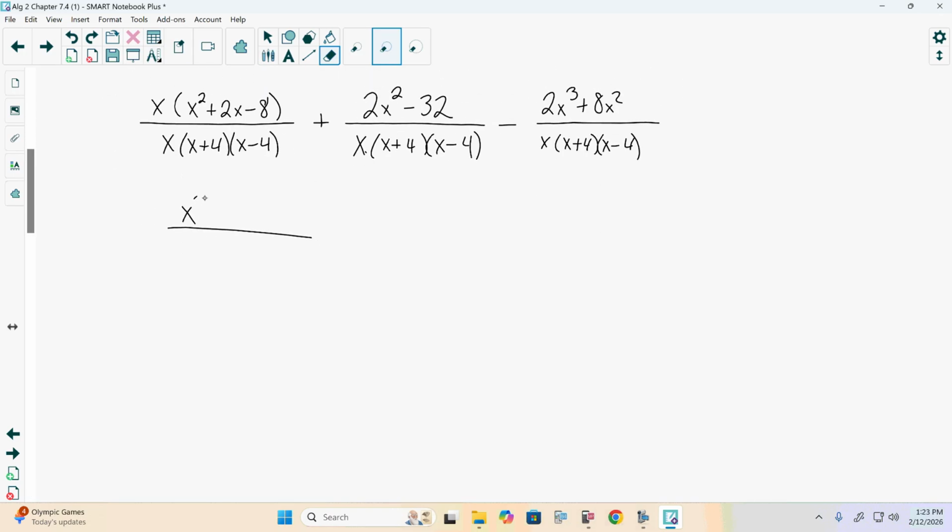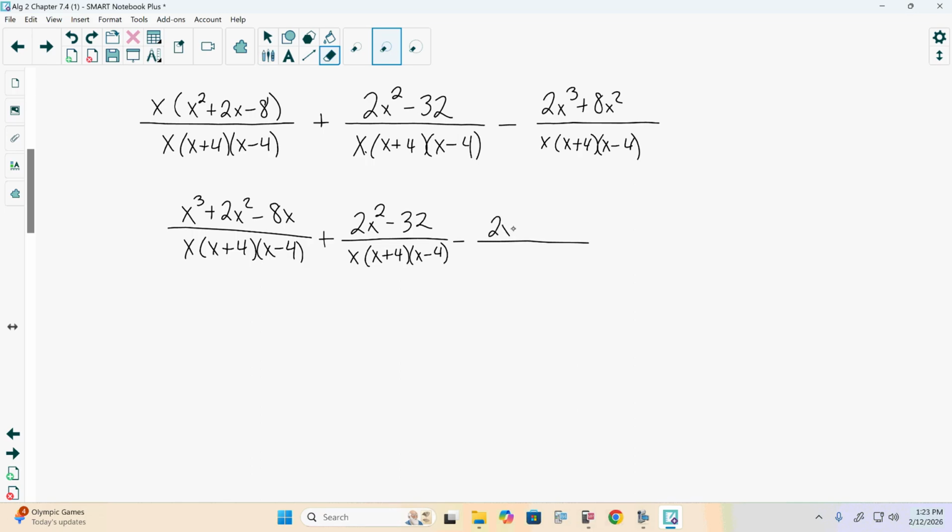It just tells me that this, we just have to multiply through by x, giving us x cubed plus 2x squared minus 8x.